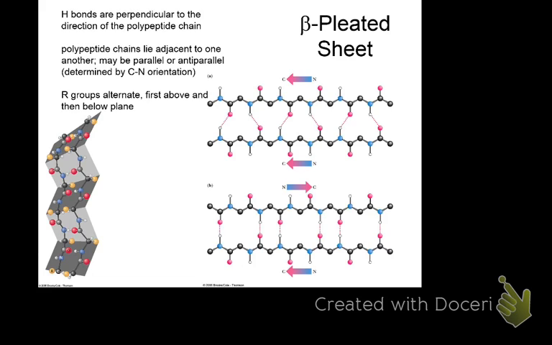So one R group points down below the plane, and the neighboring one would point above the plane. The next one goes below the plane, the next one goes above the plane. So they alternate. One goes above, one goes below, one goes above, one goes below. So that's what is meant by the R groups alternating.